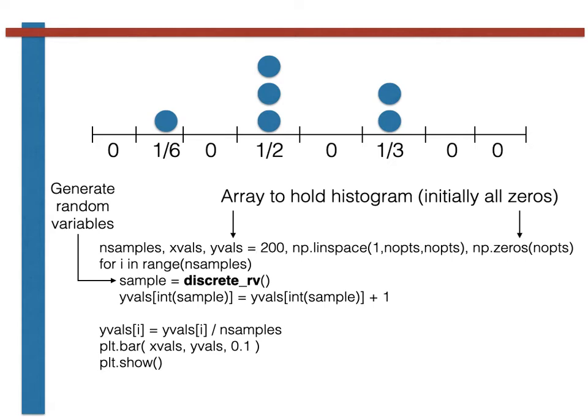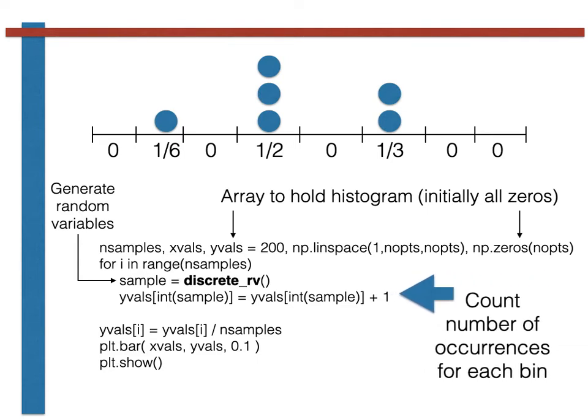Furthermore, as we go through the loop, we keep count of the number of times the random variable fell in each of our histogram bins in this line. When the loop finishes, we normalize the histogram by dividing by the number of samples that were generated and finally plot a bar chart showing the distribution. Easy.